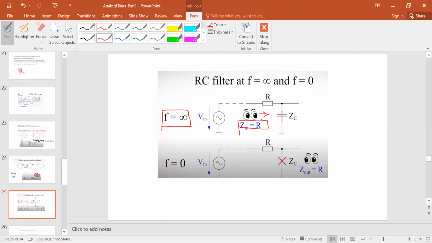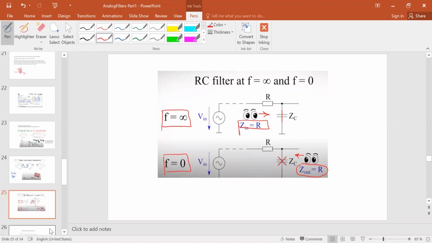So this is our input impedance. And at F equal to 0, I will calculate the output. I will look from the output port into it. Then for Z out, this becomes an open circuit, and again I see R. So in both cases, Z in and Z out are both equal to R. It means they both depend on the R.